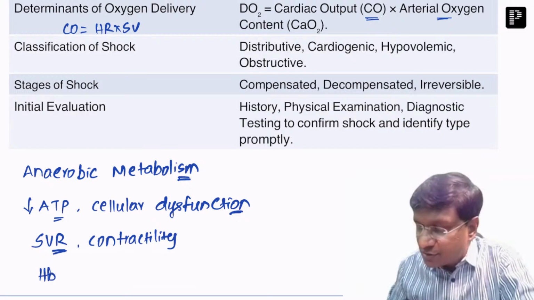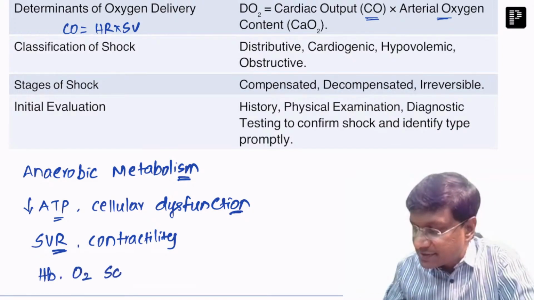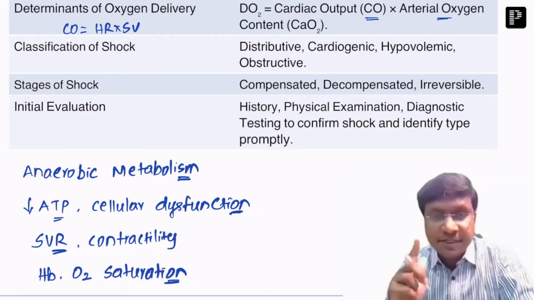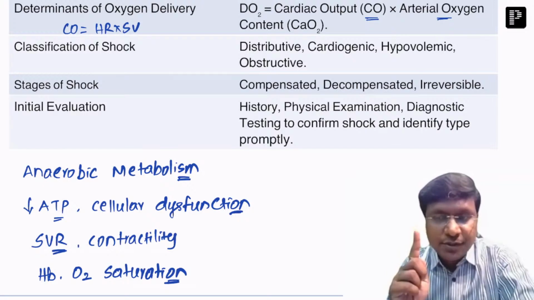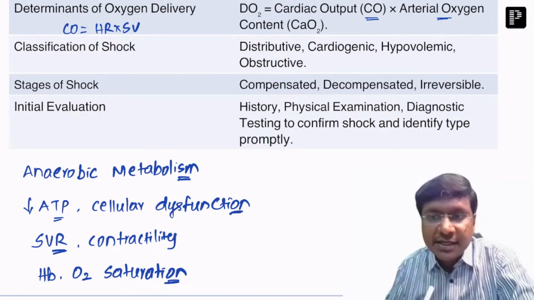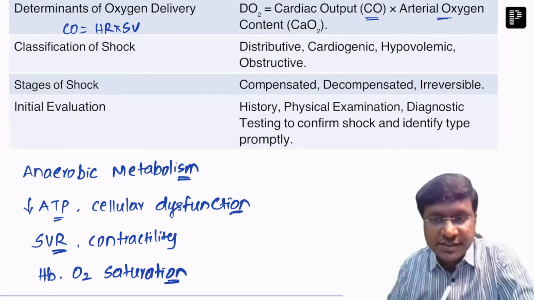It also depends on the hemoglobin and on the oxygen saturation. So two things: number one, cardiac output; number two, the arterial oxygen content. These are the two important determinants of oxygen delivery.